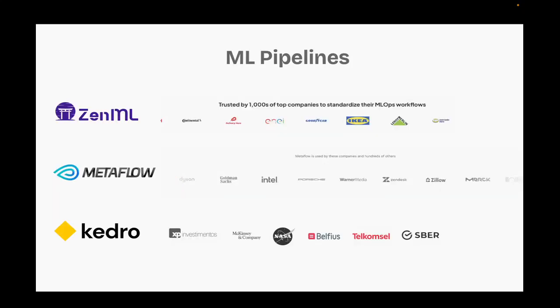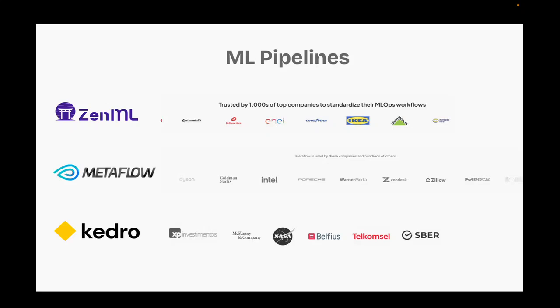As I mentioned earlier, there are many ML pipeline tools available, but today we'll focus on three popular ones. The first one, ZenML. It's a semi-proprietary framework from a small IT company in Germany. Despite having a team of just 20 people, their website claims that thousands of companies rely on these tools.